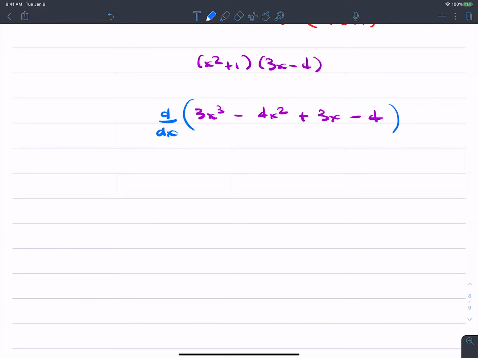So now we get to use properties. Derivative of a sum, sum of derivatives, derivative of a difference, difference of derivatives.